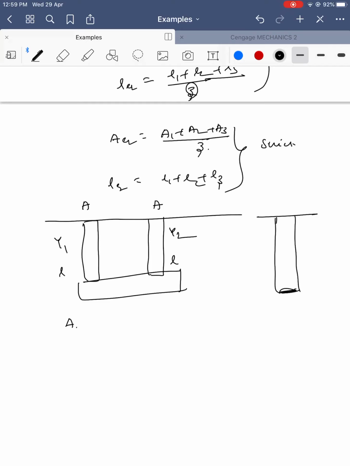So what is the A equivalent? They are in parallel, so A1 plus A2, which is nothing but 2A.